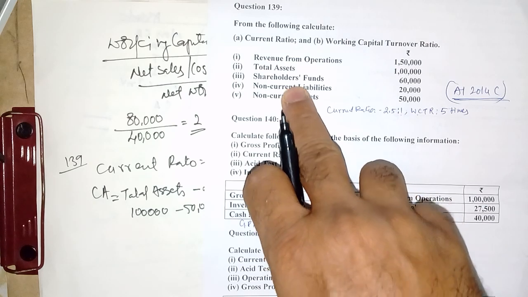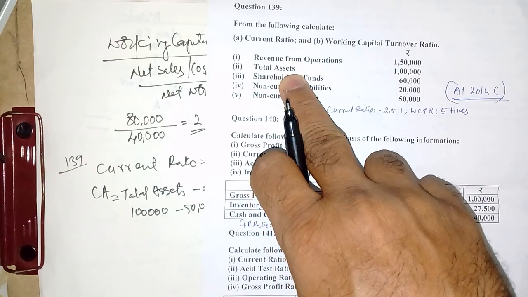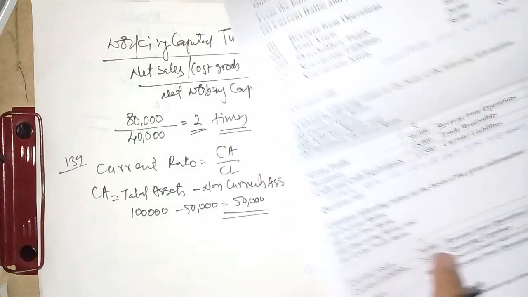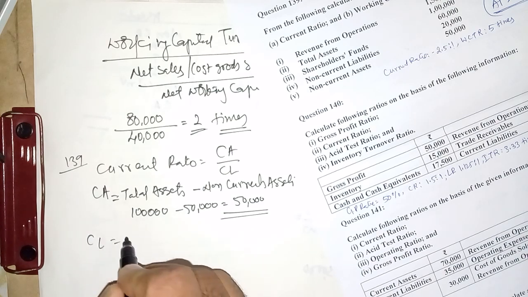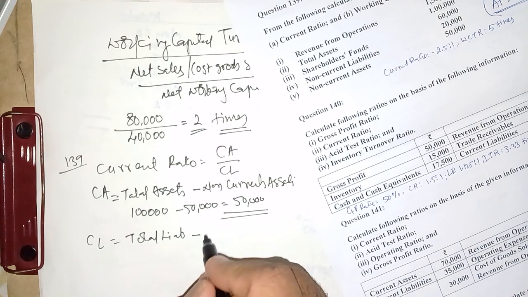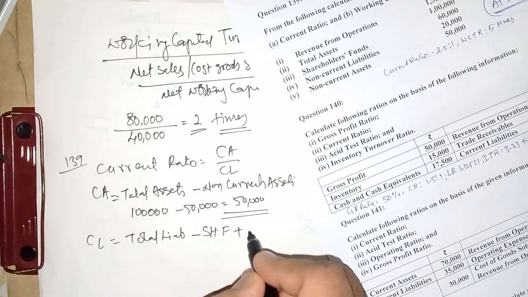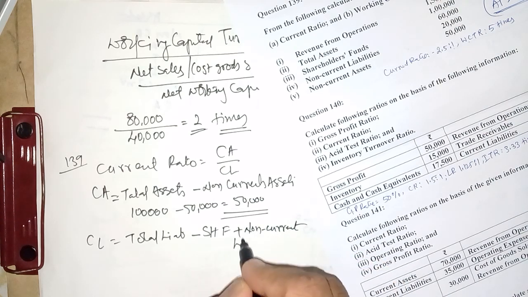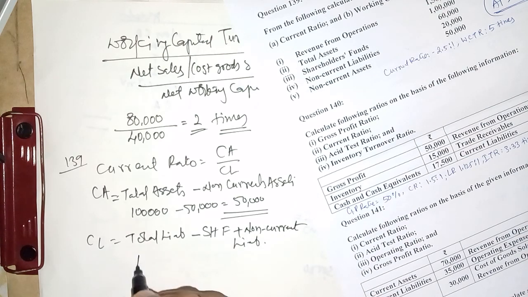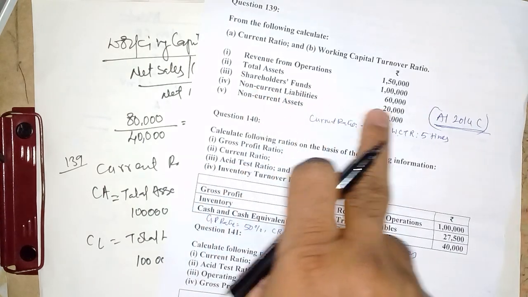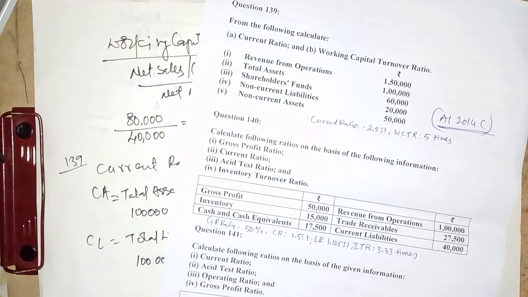Once we calculate current assets, next we need to calculate current liabilities. How to calculate current liabilities? Again, total assets, as I told you, can be considered as total liabilities. So current liabilities is equal to total liabilities minus shareholders fund plus non-current liabilities. Total liabilities can be taken as total assets, that is 1 lakh, minus shareholders fund given in the question, 60,000, plus non-current liabilities, 20,000.